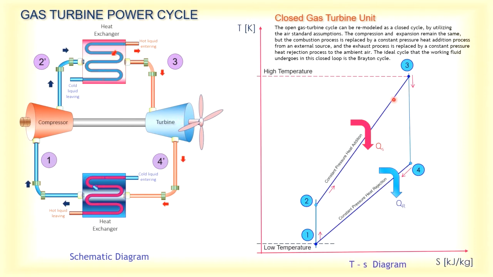This is a TS diagram which we have learned from the very first. It is completely isentropic and it is a closed cycle. For this closed cycle we can measure heat addition and heat rejection, but for the open unit we are unable to measure the heat rejection because that part is omitted.